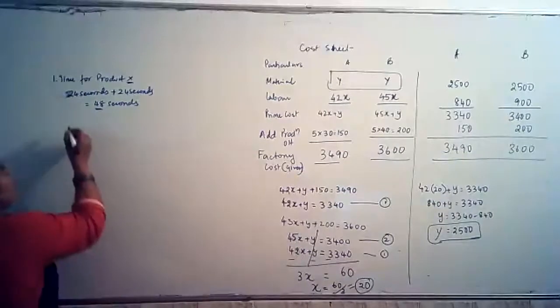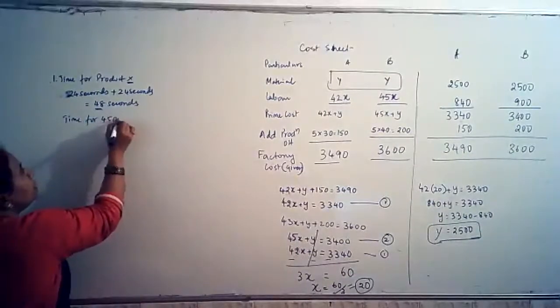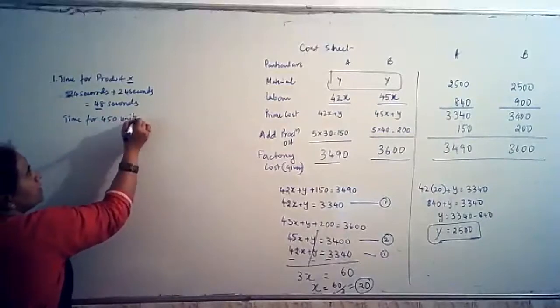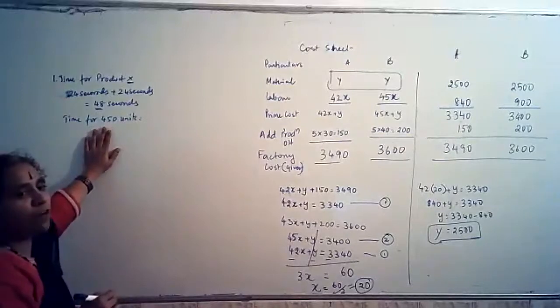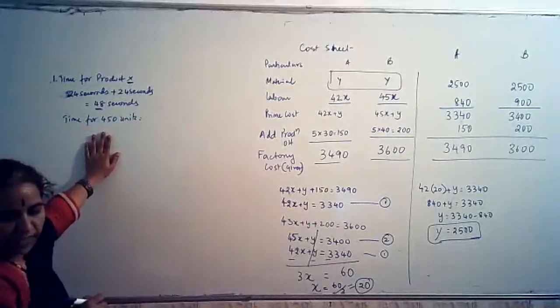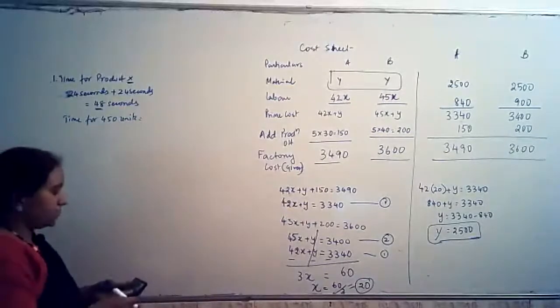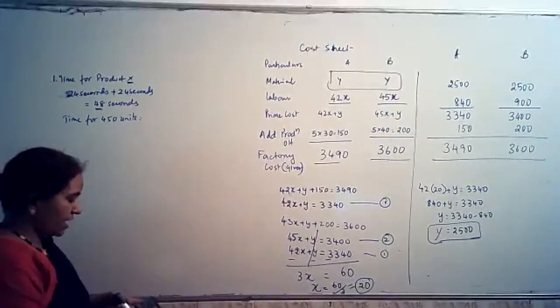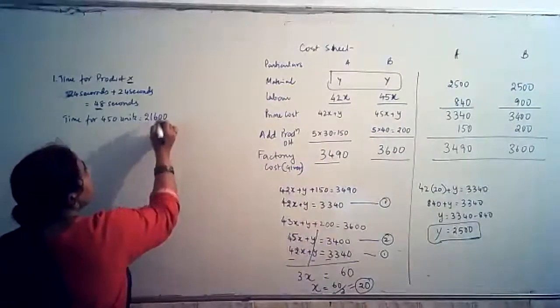450 units. So time for 450 units is equal to 450 into 48 seconds. Let me calculate, 450 into 48 seconds. That gives 21,600 seconds.